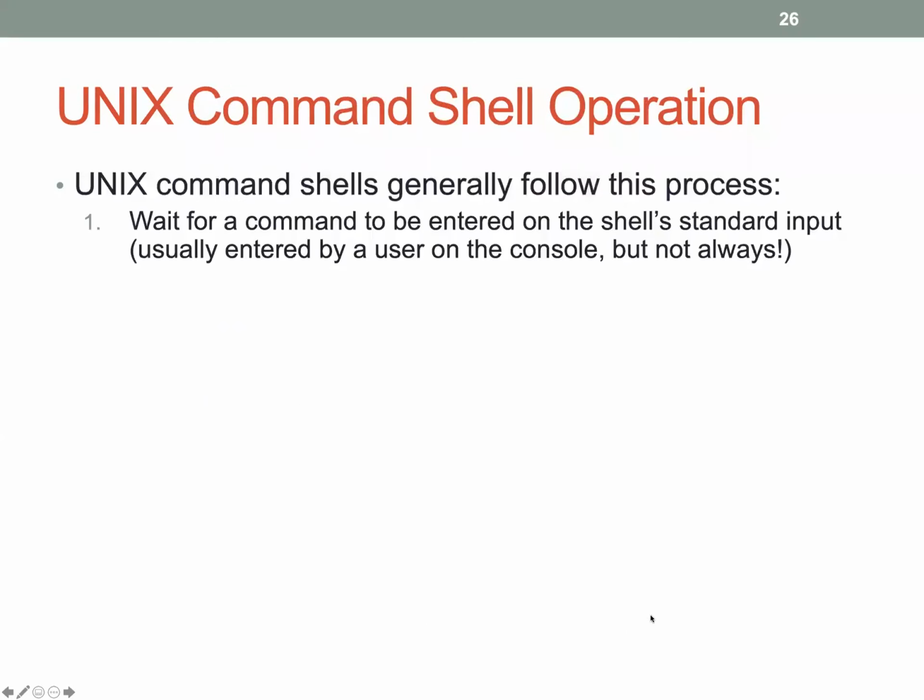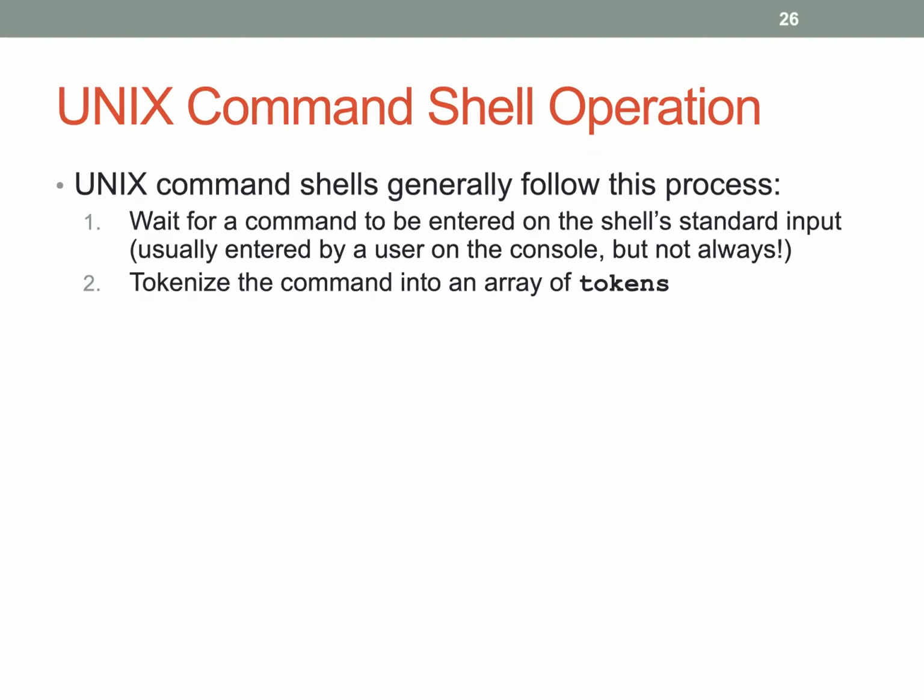Generally you're going to see this kind of sequence of steps inside of a command shell. You wait for a command to be entered, maybe using scanf to get a string, maybe using fgets to pull a command into a buffer. Next, you tokenize it, so you parse the command, because remember you can have double quotes.